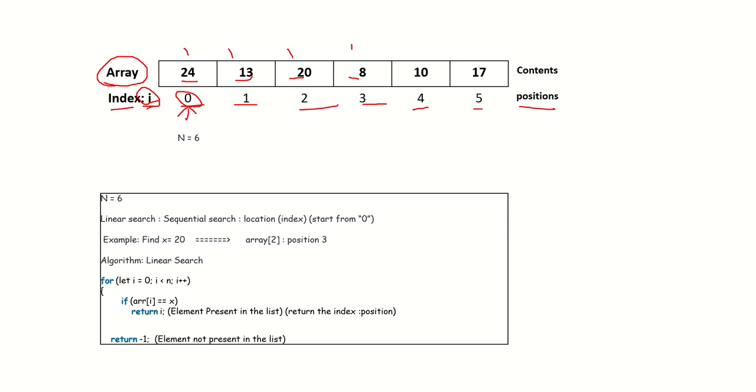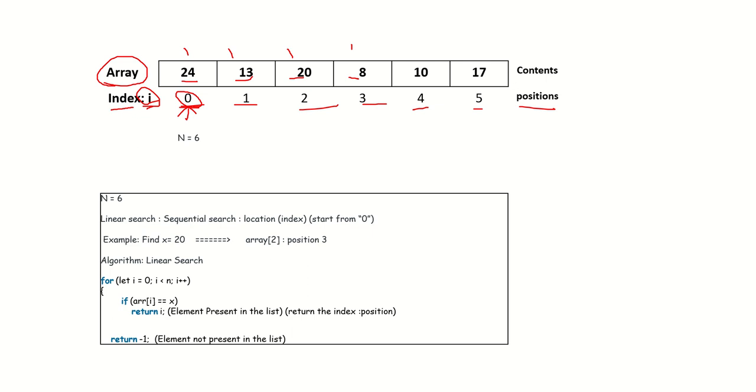As we said before, linear search is sequential search. Sequential means I have to move one by one. I don't have to skip or jump. I have to move one by one sequentially, by index. Every time I have to add 1, starting from 0.